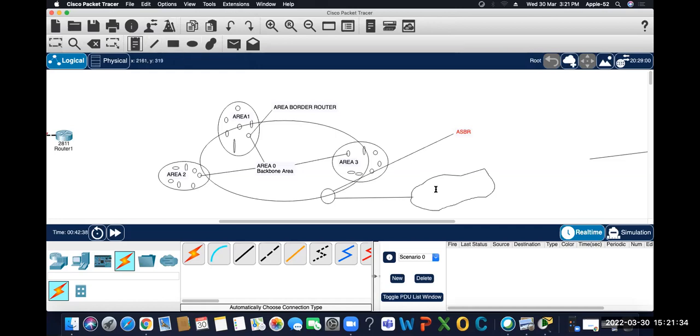So let's say there is Chinatel. The ASBR will take the information from these areas and will again summarize it for the next router available in another autonomous system.